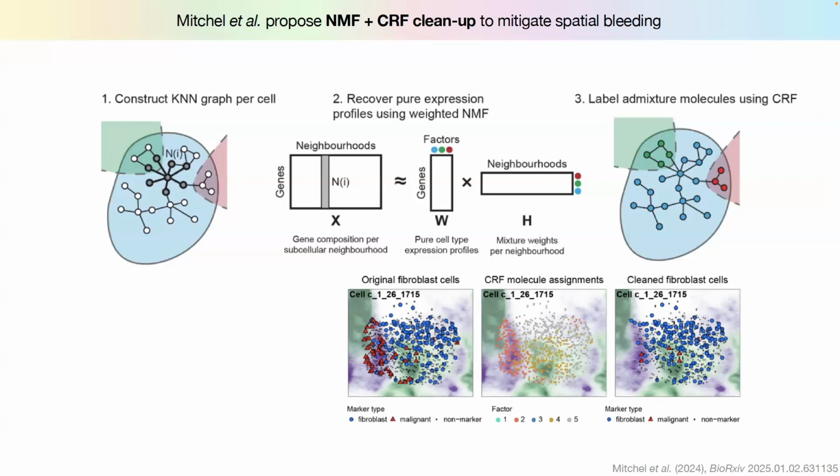By cleaning these, the method would return a clean transcriptome where this spatial bleeding is removed. That's the idea, though I don't know if I explained that well. You can read the paper. Sorry, another approach that I'm using, I'm not using this one yet, it just came out last week.